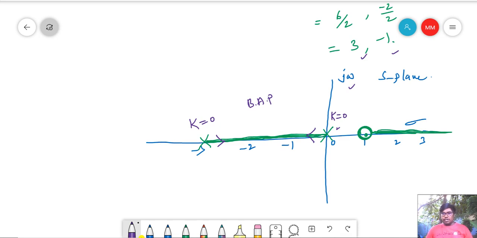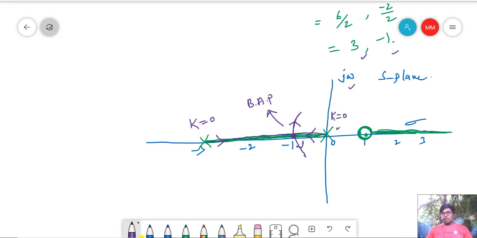That is confirmed, right? So this point is the breakaway point. So these 2 root loci move together in the opposite direction, and they will break here. Okay, they are moving like this. Now this is a breakaway point.